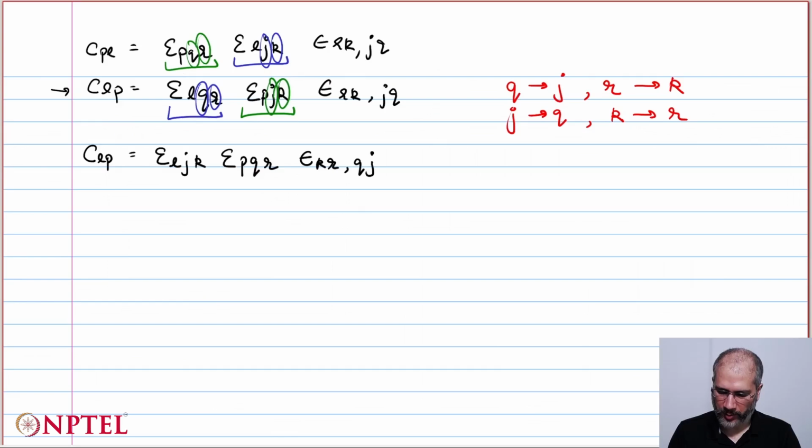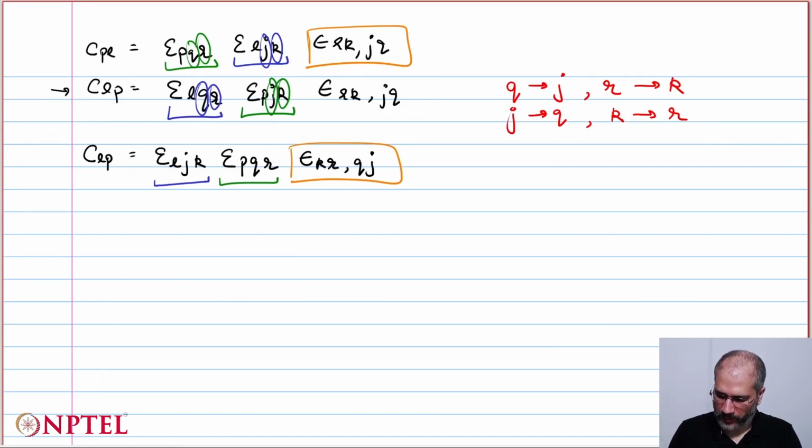And now if I compare this to CPL, I can see that epsilon PQR is there and epsilon LJK is there.